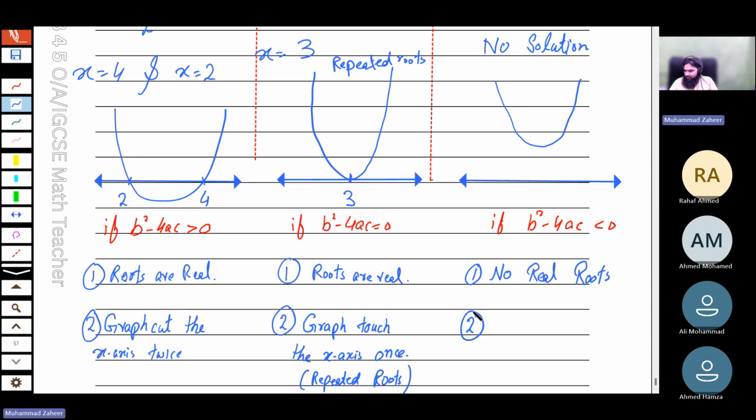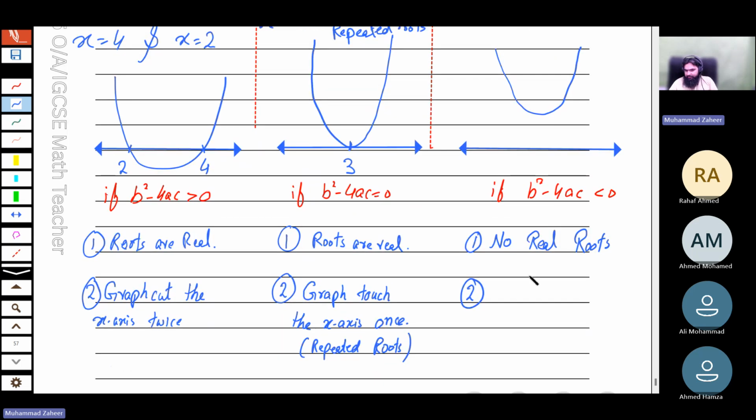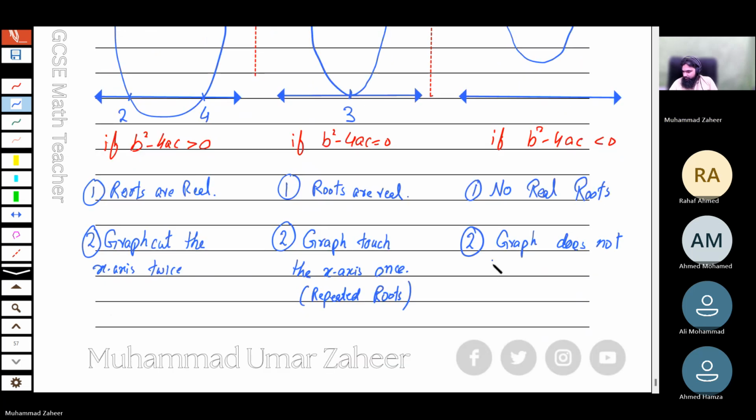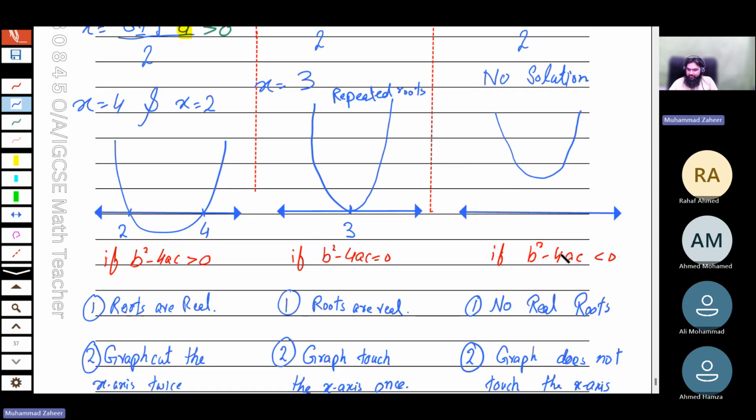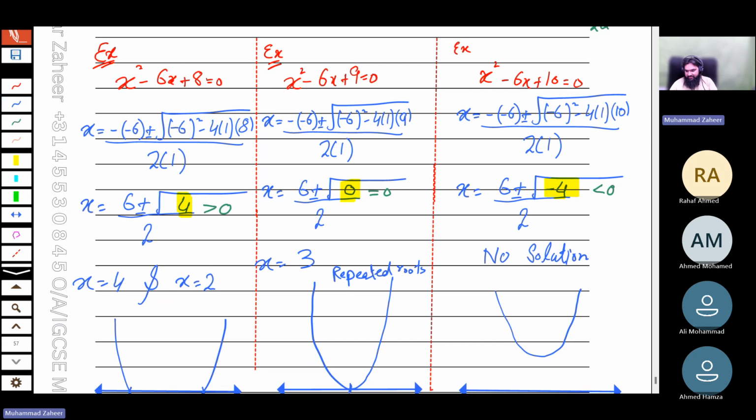And the second part, obviously in this case, the graph does not touch the x-axis. So we are going to get all of this information when we are able to find this part.